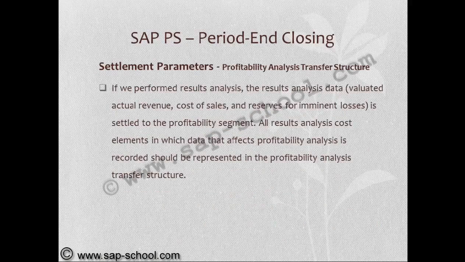If we perform result analysis, the result analysis data, which is valuated actual revenue, cost of sales and reserves for imminent losses, is settled to the profitability analysis segment. All the result analysis cost elements in which data that affects profitability analysis is recorded should be represented in the profitability analysis transfer structure.